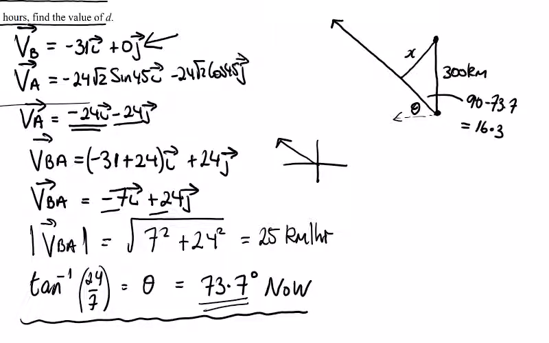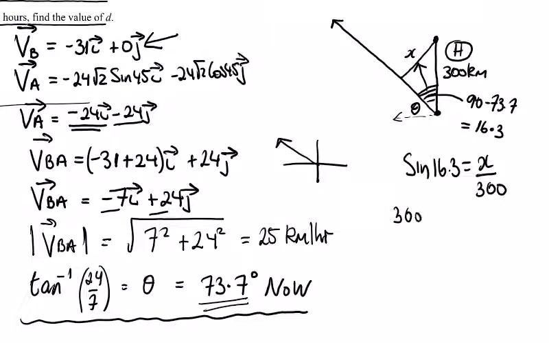So we want the opposite to this angle here, and we have the hypotenuse here. I'll just call it H, hypotenuse, 300. So we're using sine, opposite on hypotenuse. The sine of the angle 16.3 is equal to opposite over hypotenuse.